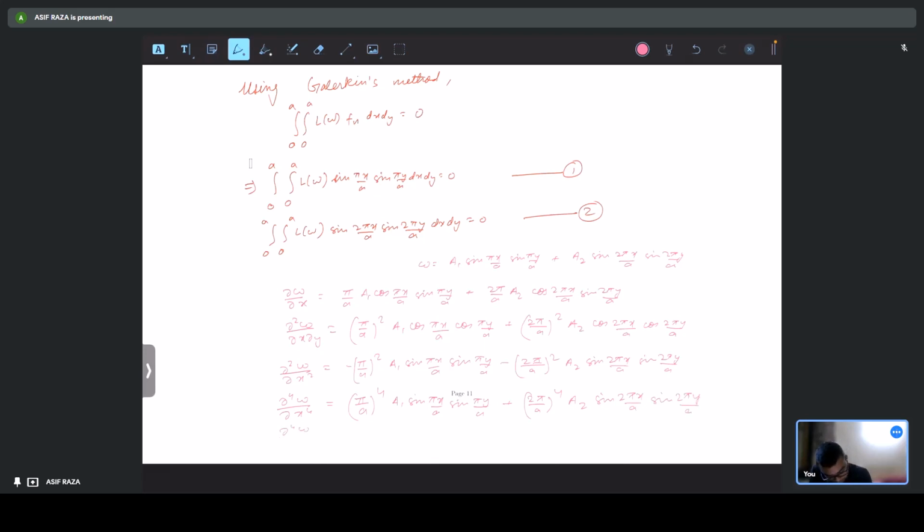Similarly, del to the power 4 can be found as (pi by a) to the power 4 a1 sin(pi x by a). You can just write it as del to the power 4 w by del x square del y square.